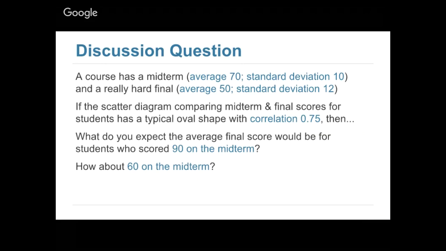I'm pretty sure it's a really hard final. 60 minus 70, that's negative 1, right? So that means on the y standard is negative 0.75. I would multiply that by 12. That is 9, so 9 plus 50.